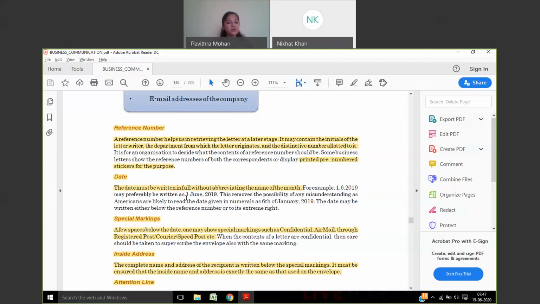It is always preferable to write the name of the month instead of the number, because most of the time, if you forget to keep the full stops, it will be read as 1609, 019. We don't know what date you're trying to depict. So it's better you give the month followed by the year.